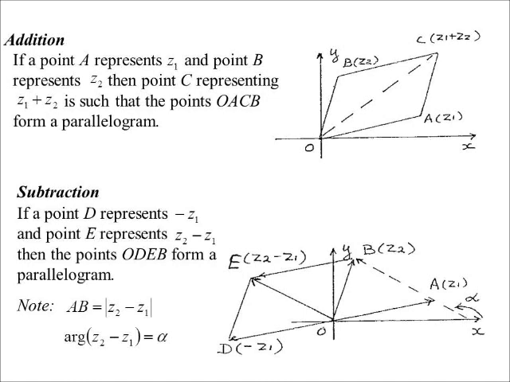Note, AB is the modulus of Z2 minus Z1, or the length of the vector that joins A and B, because the vector that joins AB would be Z2 minus Z1, or Z1 minus Z2, depending on which way you're reading it. But its length would be the modulus, and the argument is, it's over in this diagram here, the argument is alpha, whatever angle it makes with that horizontal.